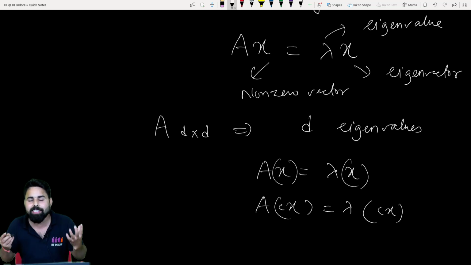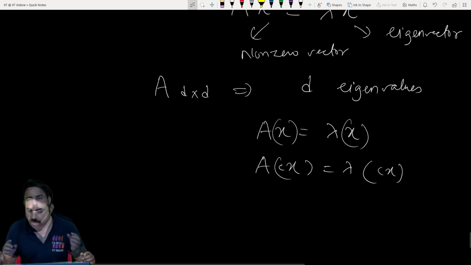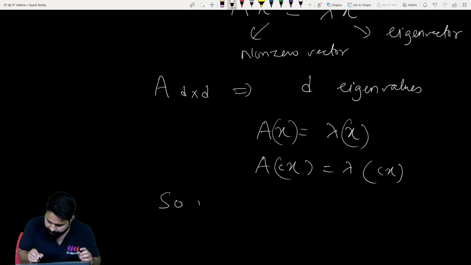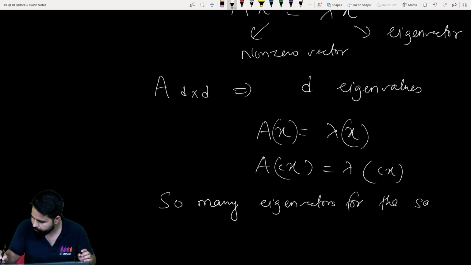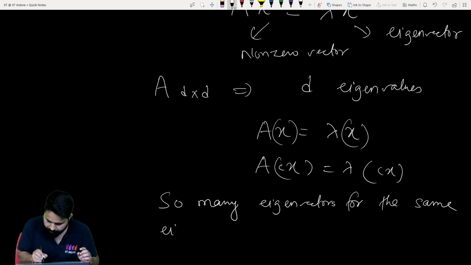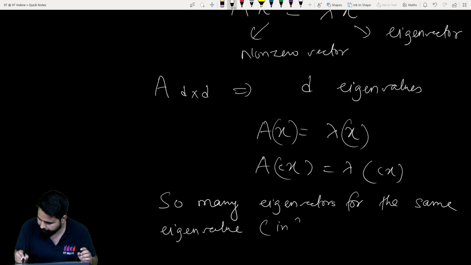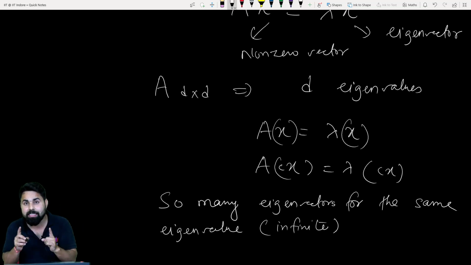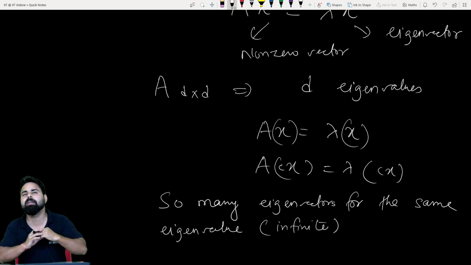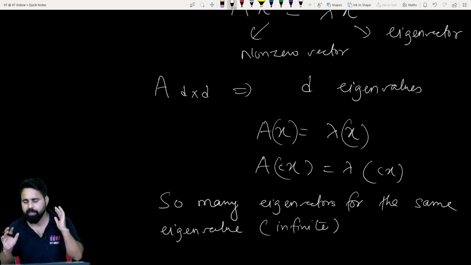That means Cx is also an eigenvector. So there can be many eigenvectors for the same eigenvalue, in fact infinite. The eigenvalues will always be D, but for each eigenvalue there can be infinitely many eigenvectors. This comes from the definition itself.